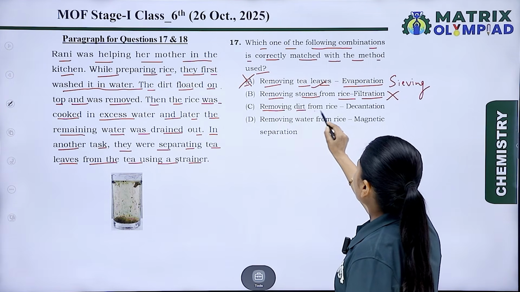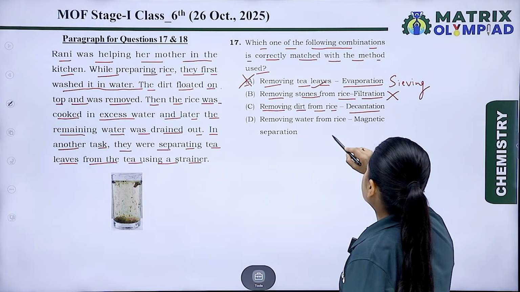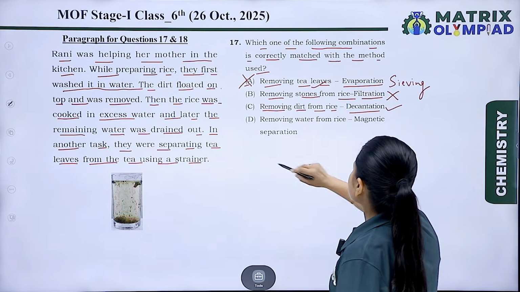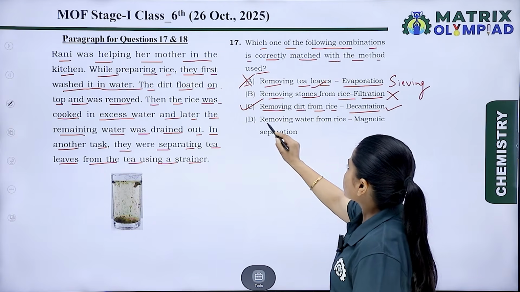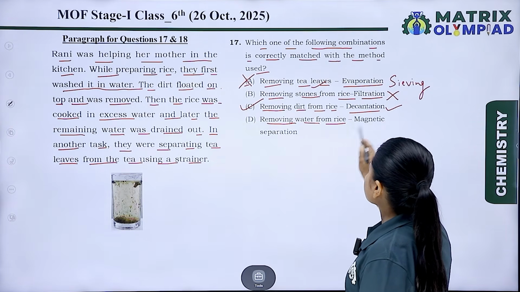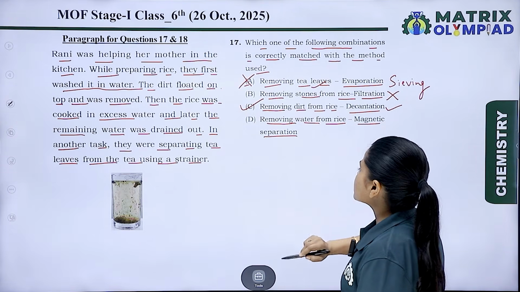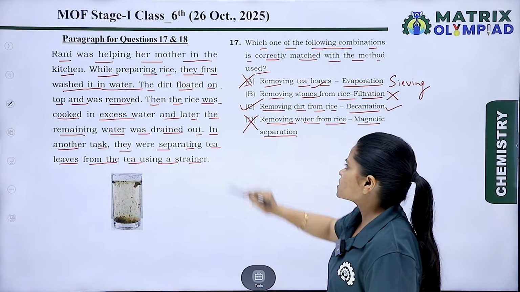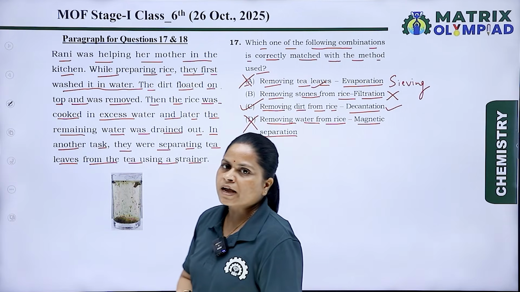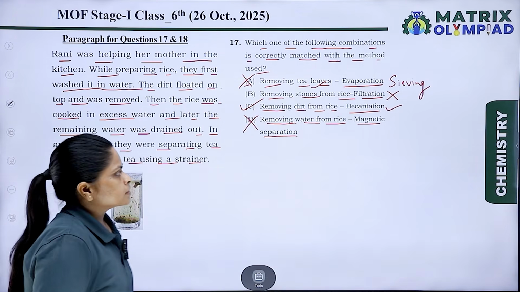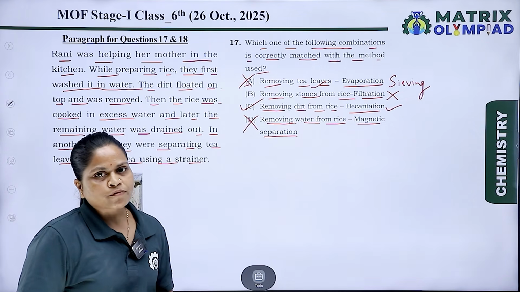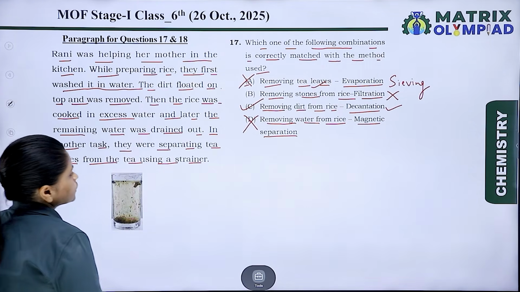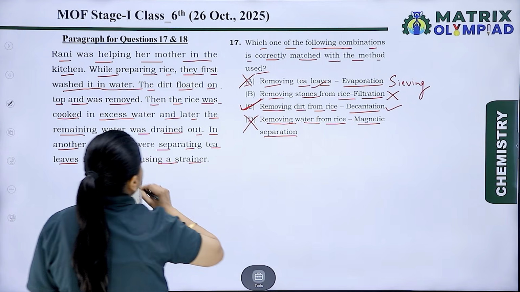Removing dirt from rice, this is decantation. Yes, this is taken as the correct answer. Removing water from rice, this is called magnetic separation. No, this is wrong, because for magnetic separation at least one substance must have magnetic property. So option C is correct.